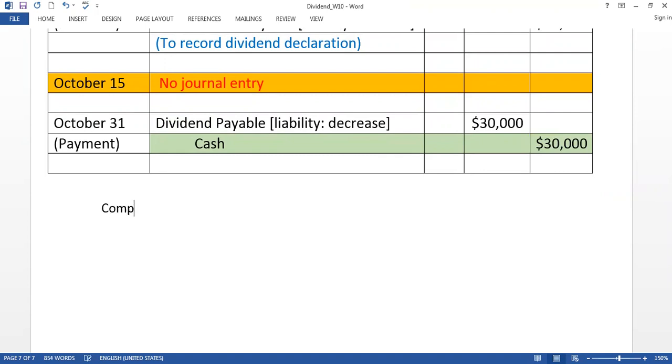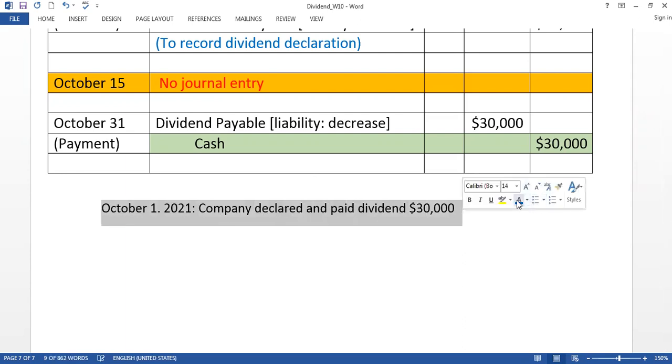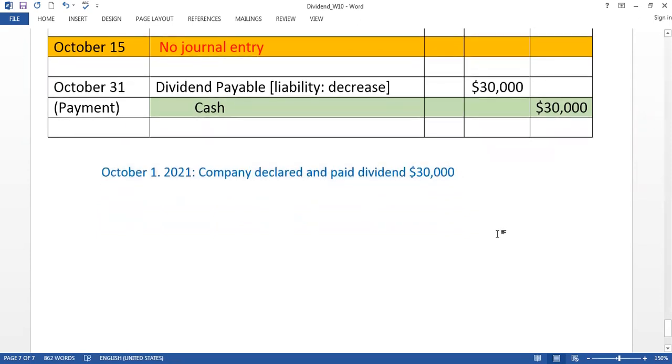Like this: first of all, this is October 1st, 2021. The company declared and paid dividend $30,000.